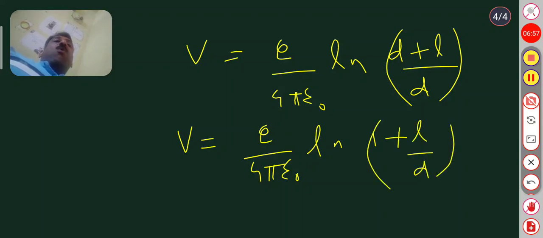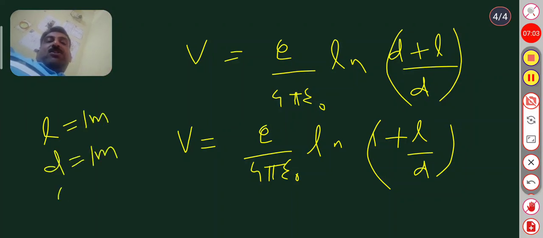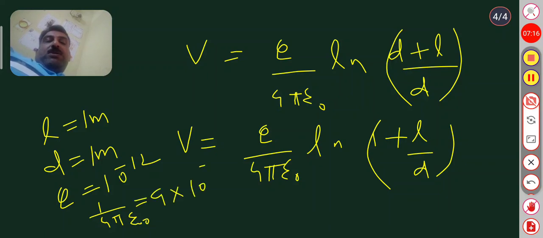Now all these values are given to you. L is given as 1 meter, d is also given as 1 meter, and Q is given as 10 to the power minus 12 coulomb. 1 by 4 pi epsilon 0 is 9 into 10 to the power 9 newton meter square by coulomb square.